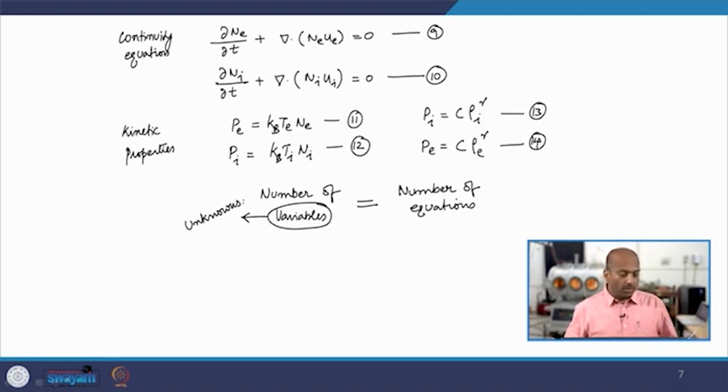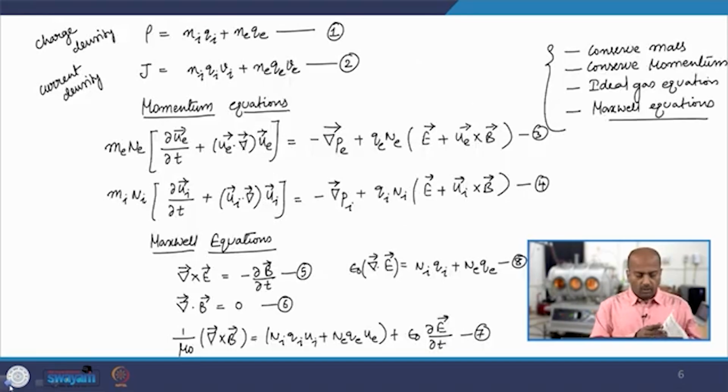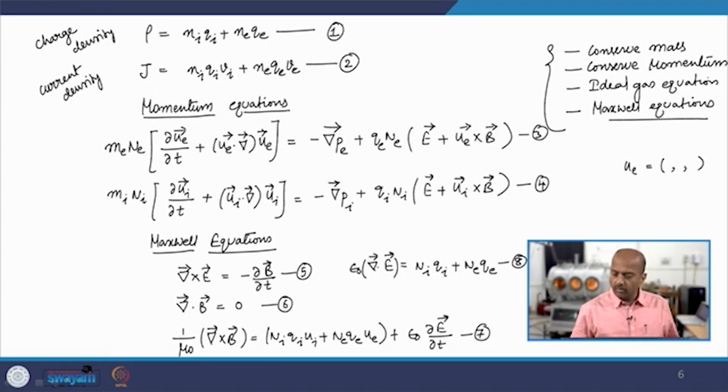Now, let us count how many equations and how many variables we have. First, the vector variables. The velocity Ue will have 3 components, and the velocity Ui will also have 3 components: x component, y component, z component. The electric field will have Ex, Ey, Ez.